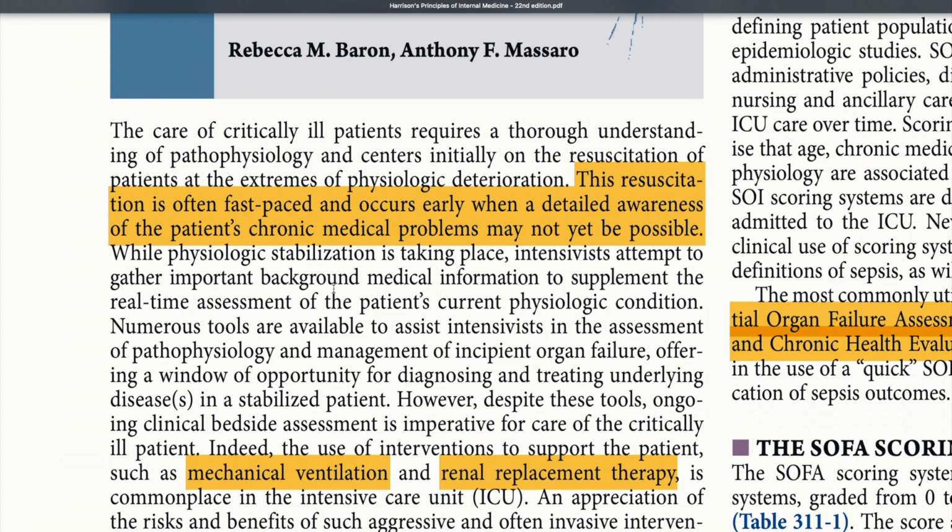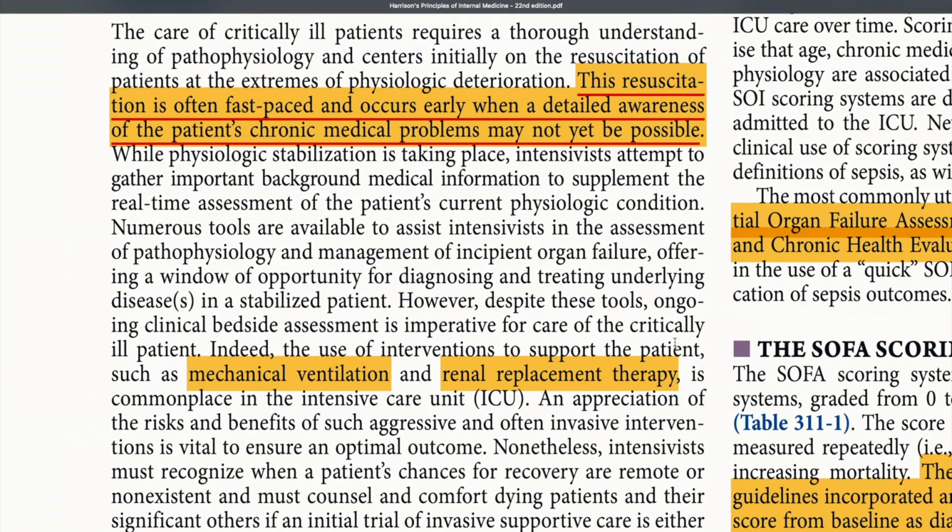Then this one line sums up the ICU work, which I have already said before. Then why is ICU unique? Because in the ward we won't do mechanical ventilation or renal replacement therapy or invasive hemodynamic monitoring. That's why ICU is a very special place for this kind of patient.